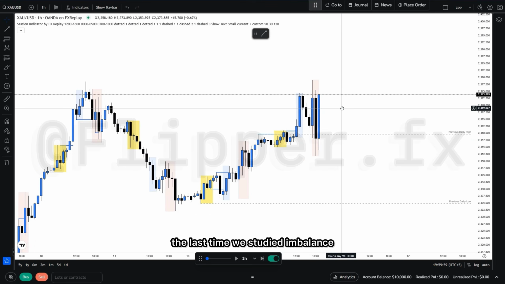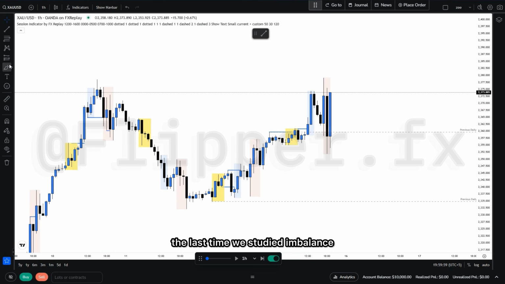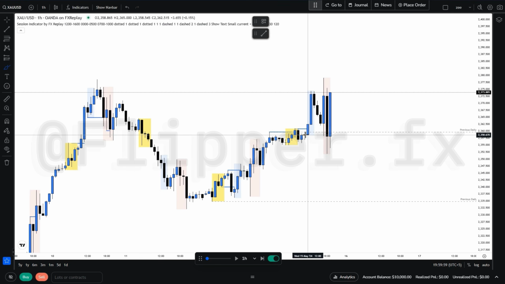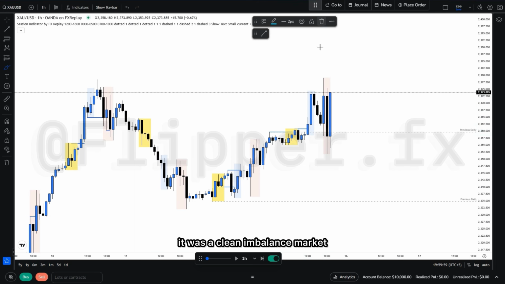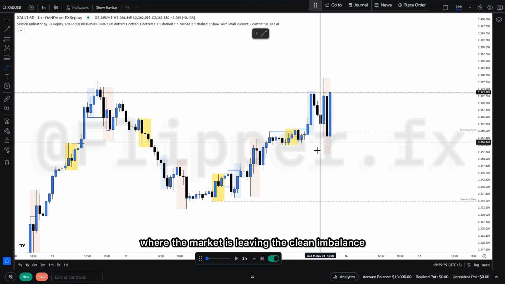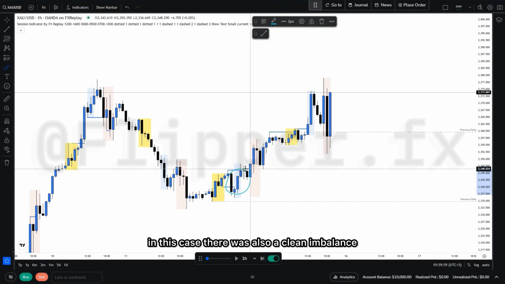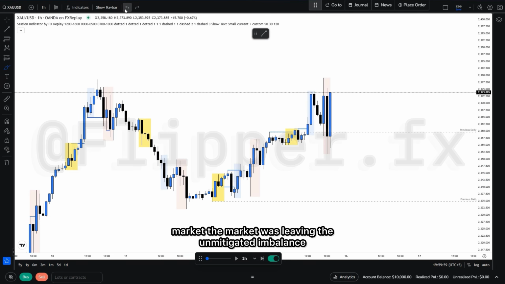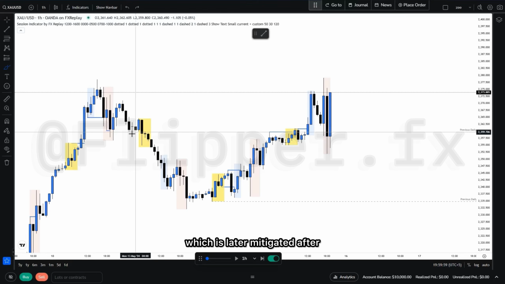The last time we studied imbalance and balanced market. So now if you look at this, it was a clean imbalance market where the market is leaving the clean imbalance. In this case, there was also a clean imbalance market. The market was leaving the unmitigated imbalance, which is later mitigated.